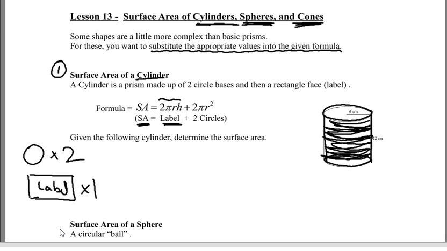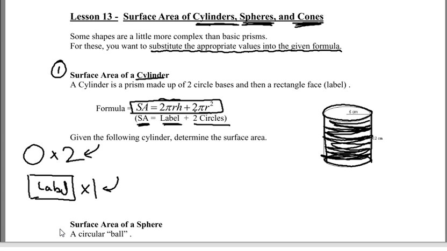And then what else makes up the surface area besides that label? Well, we do have the two circles, and there's nothing special with that. Two circles would just be pi r squared for one circle times 2 of them. So this formula is the one that's given to you.